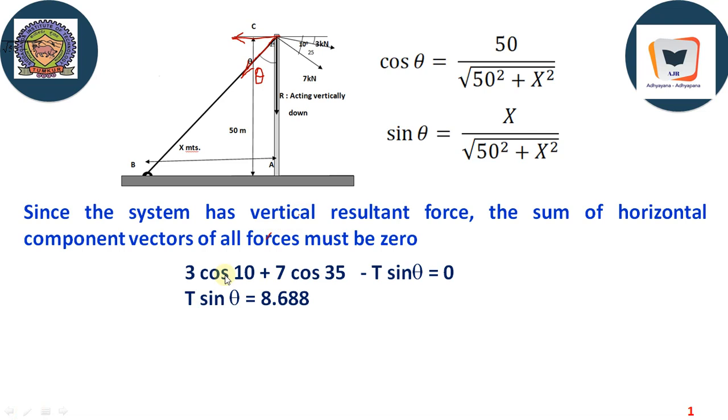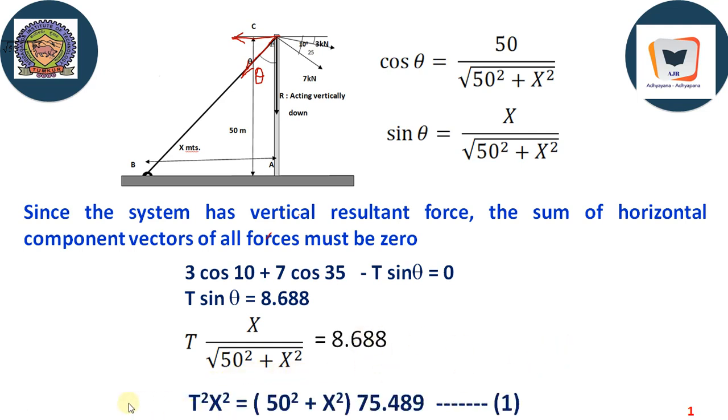We'll continue with this: 3 cos 10 plus 7 cos 35 minus T sin theta equals 0. Therefore T sin theta is 8.688, and in place of sin theta we substitute x over the square root of 50 squared plus x squared, giving T x over the square root of 50 squared plus x squared equals 8.688. Squaring to remove the square root, we get T squared x squared equals 8.688 squared, which is 75.486, over 50 squared plus x squared.